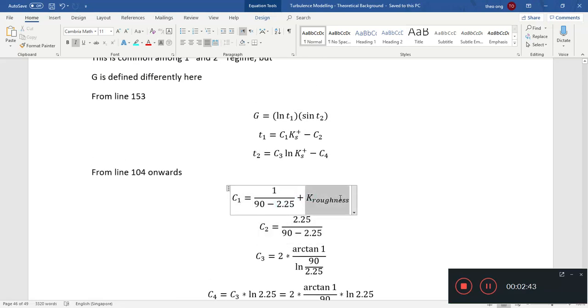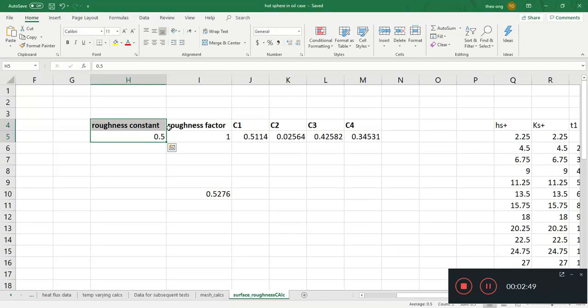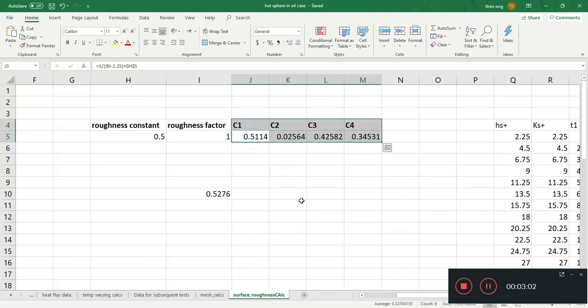In C1 there is this K roughness, which is the roughness constant, not the roughness factor. This is where you put the 0.5 by default, and OpenFOAM suggests we use a roughness constant of 0.5. So that's where we are.